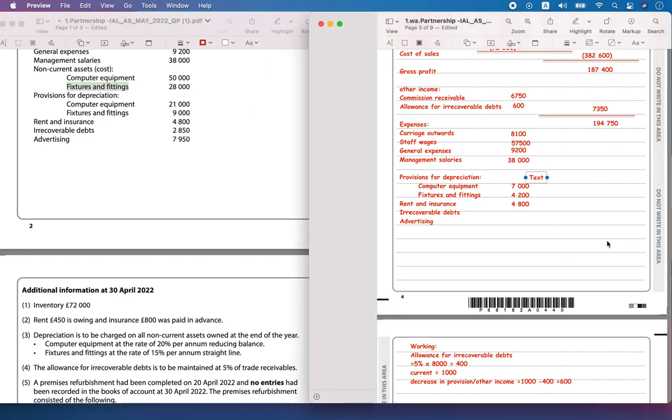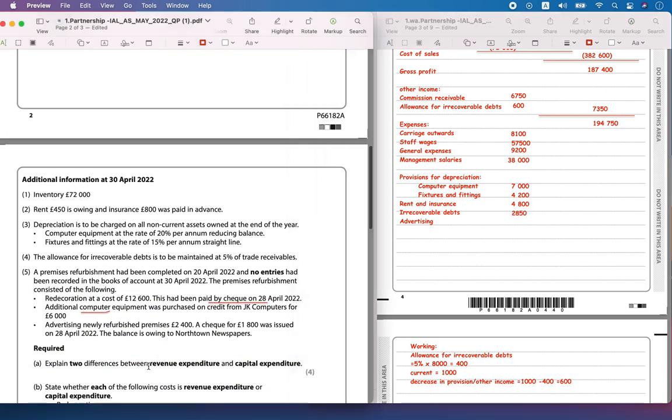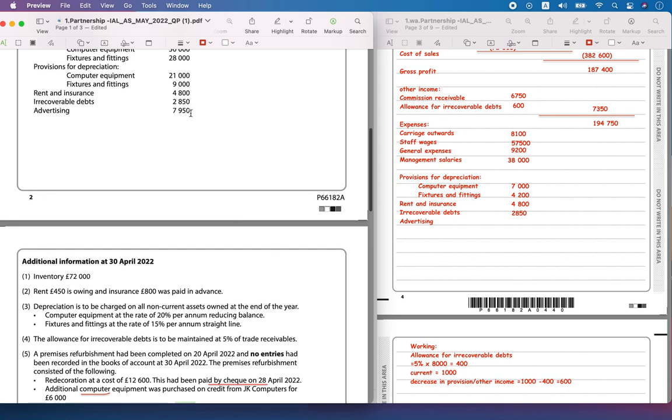Let's write that expense also. And then we have the advertising expense. Advertising for the newly refurbished premises was 2,400.